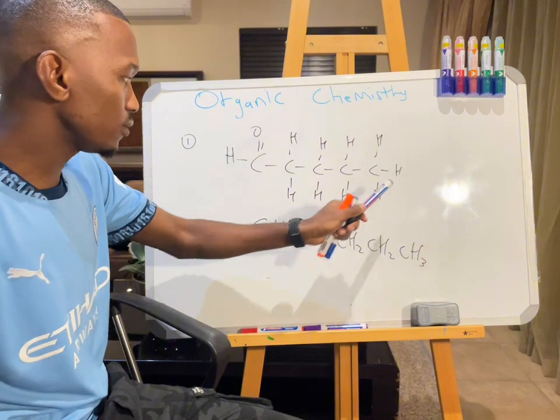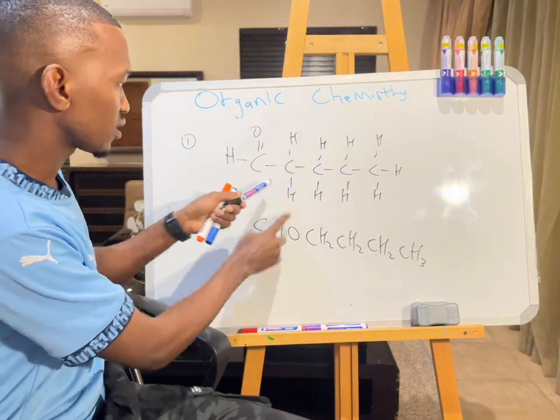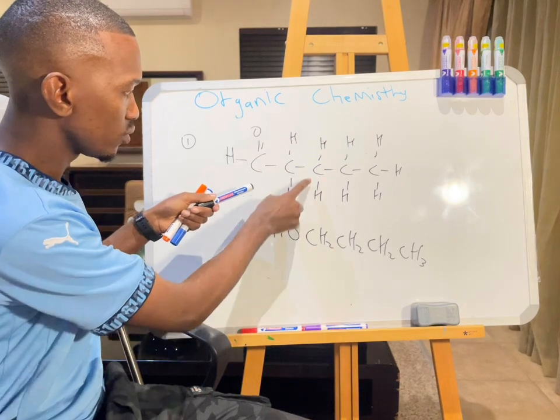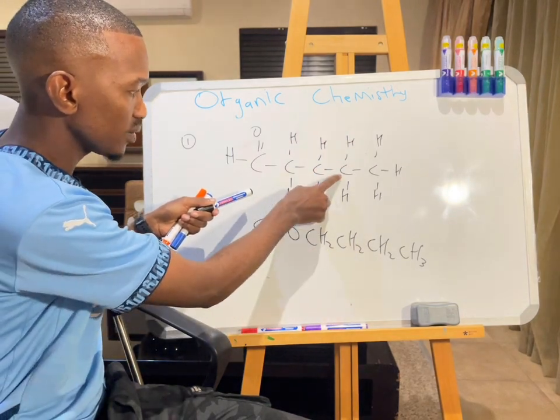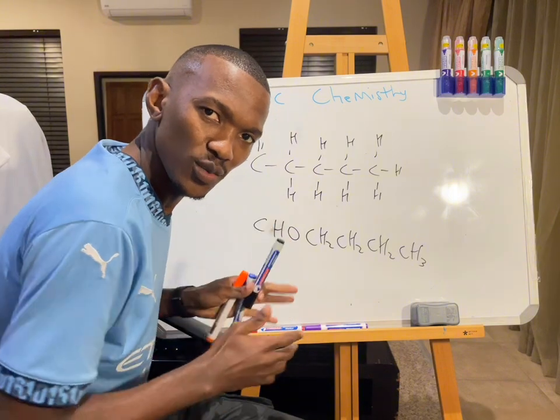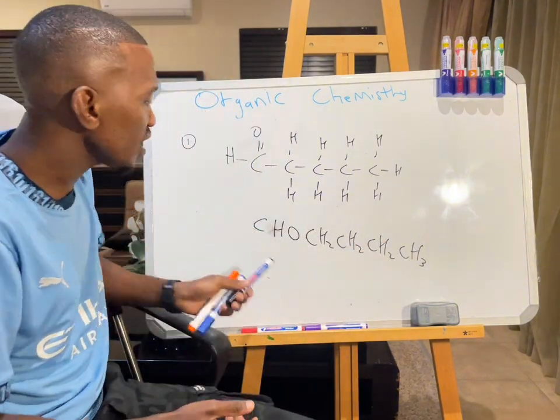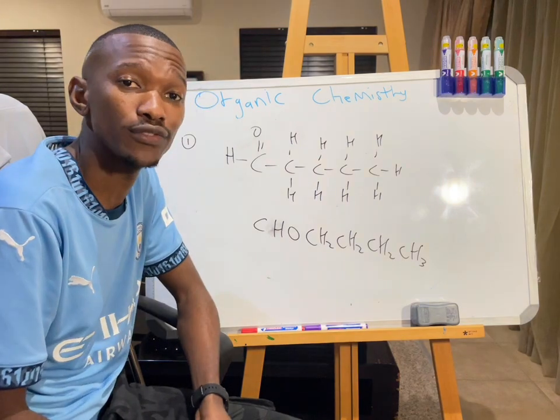How many hydrogens here, on this carbon? 1. How many oxygens? 1. This carbon has how many hydrogens? 2. What about this guy? 2. What about this guy? 2. What about this guy? 3. You see, that is the order. That is how you show a condensed structural formula.